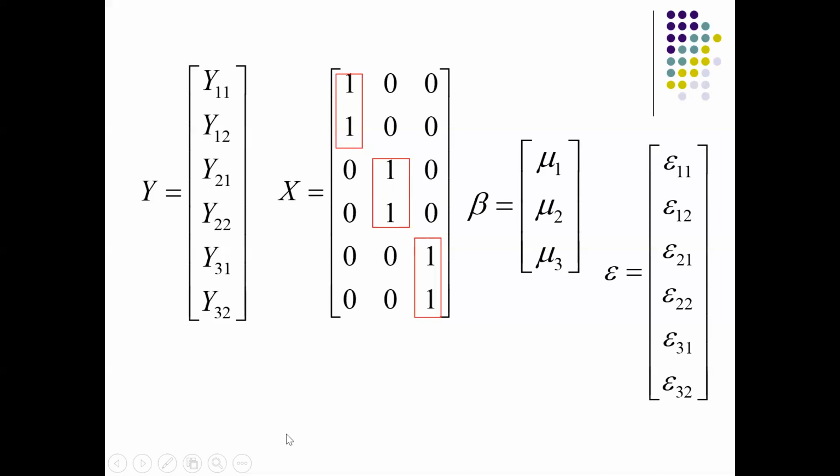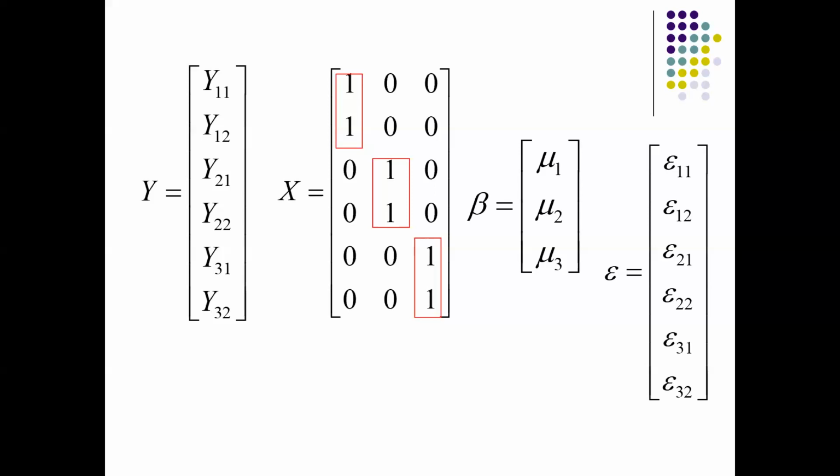No, treatment 3. The fourth patient, the same thing. The fifth patient, they're in treatment 3. So if we go across the row for the fifth patient, are they in treatment 1? No. Are they in treatment 2? No. Are they in treatment 3? Yes. And the same thing for the sixth row. So we have that design matrix.